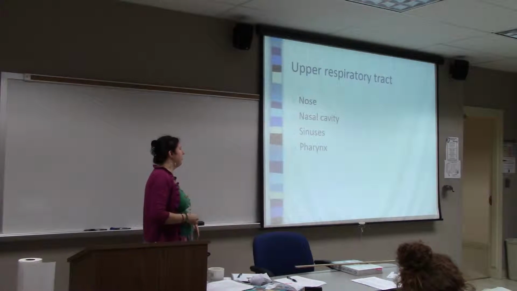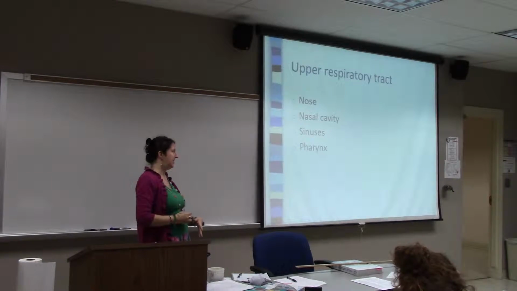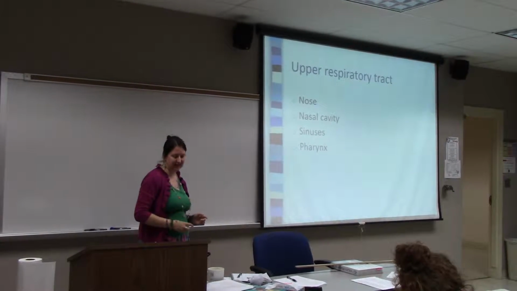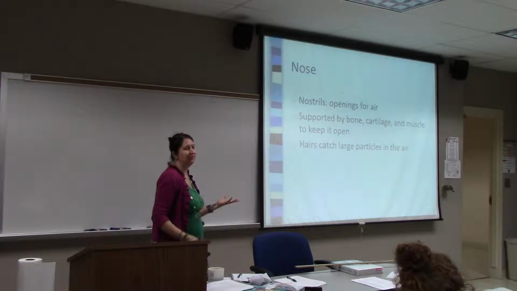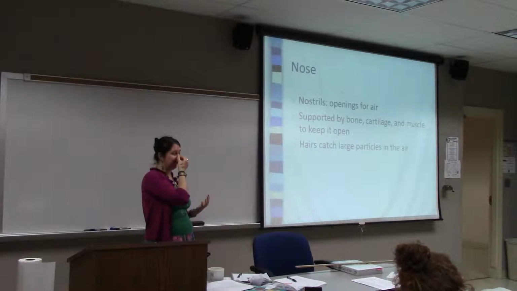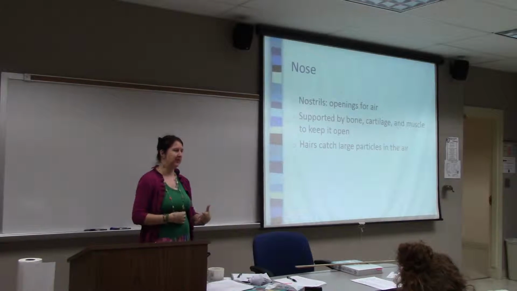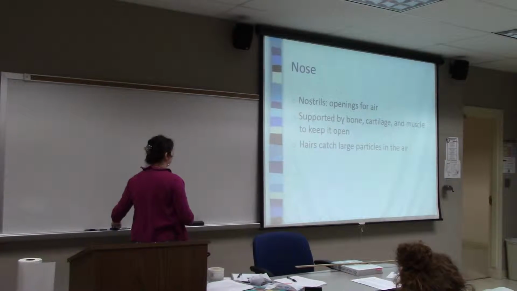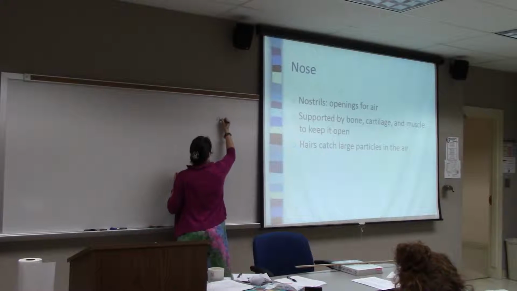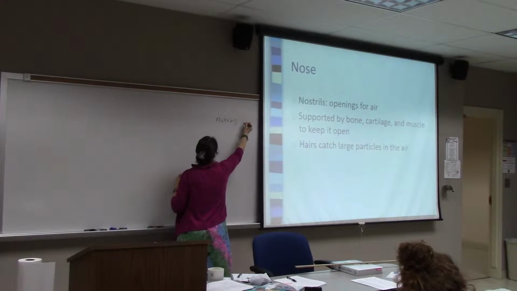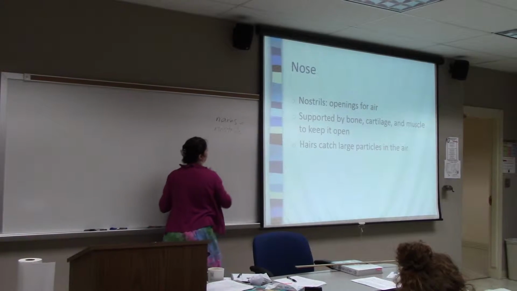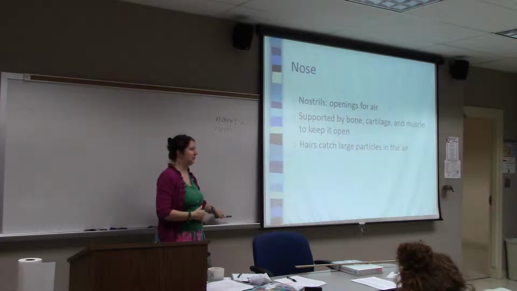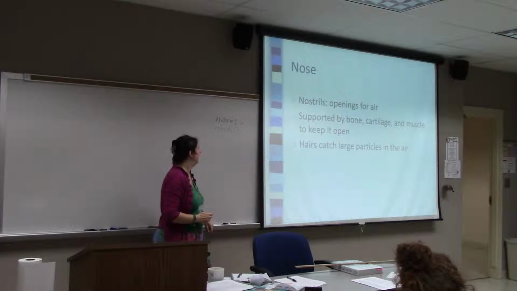The upper respiratory tract is the nose, nasal cavity, sinuses, and pharynx. Nose refers to the outer structures. Nostrils are the openings for air. Sometimes you'll see them called nares, but our book just goes with nostrils.